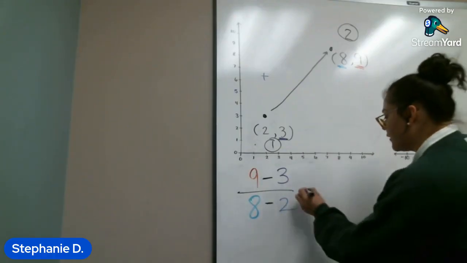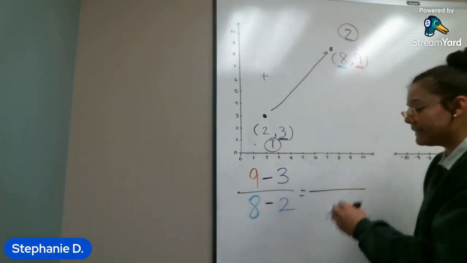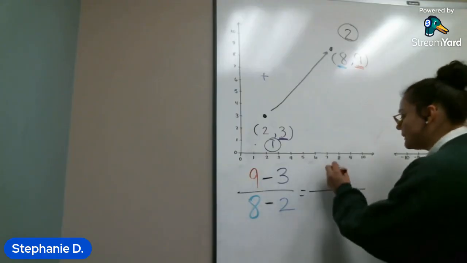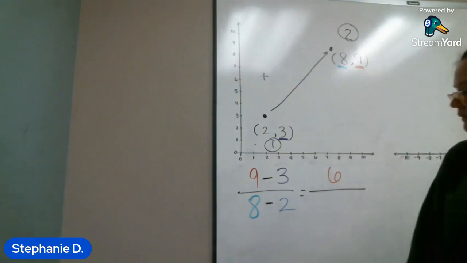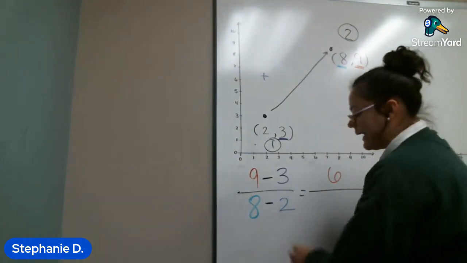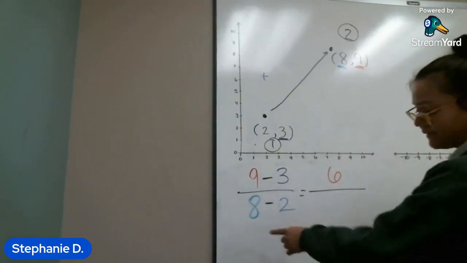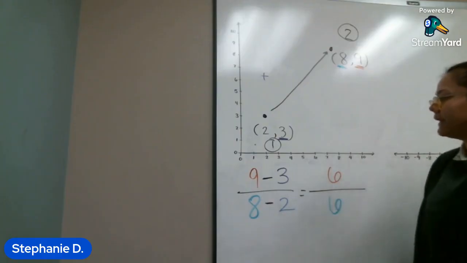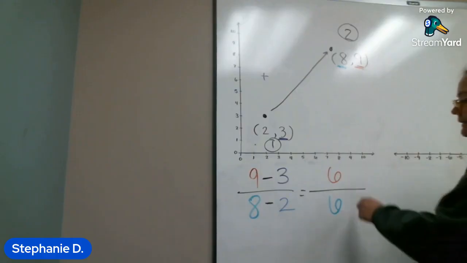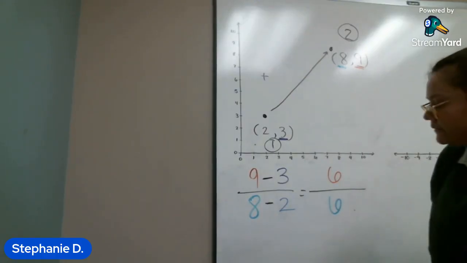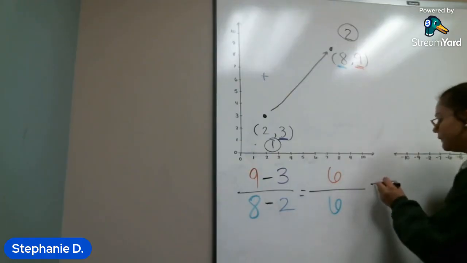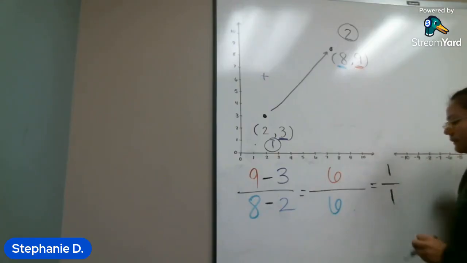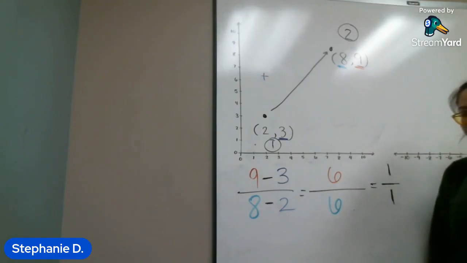Now we do the math to find that difference. 3 from 9, you get 6. 2 from 8, you get 6. Now 6 over 6 equals 1. 6 goes into itself one time.